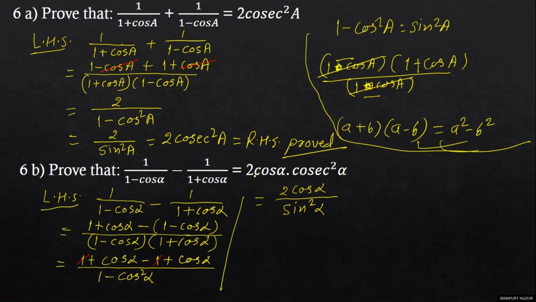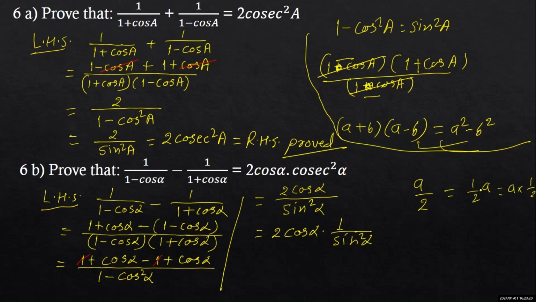But we have to prove 2 cos alpha into cosec square alpha. So it can be written as 2 cos alpha into 1 upon sin square alpha. This denominator can be written separately; its numerator can be 1. As if there is a by 2, it can be written 1 by 2 into a, or a into 1 by 2.